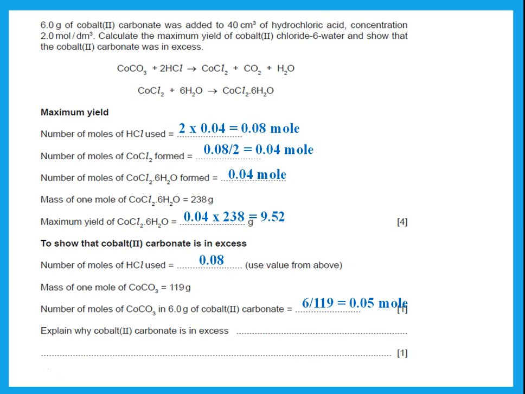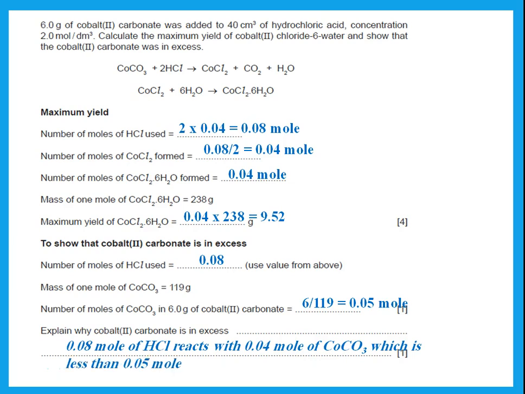So if I have 0.08 of HCl, how much should I need for cobalt carbonate? It should be half of the 0.08, so actually I need only 0.04, but what he put was 0.05. That is why cobalt carbonate is in excess, because 0.08 mole of HCl will need to react with only 0.04 mole of cobalt carbonate, which is less than 0.05.